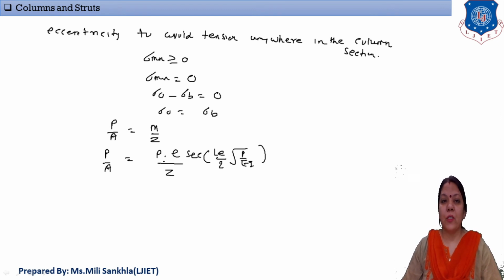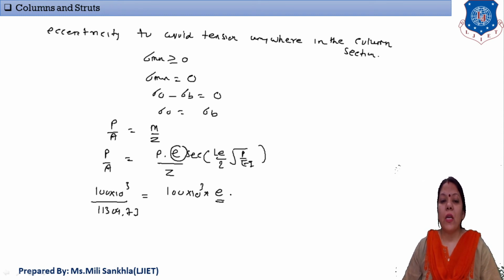Now we have the values, and the unknown value is our eccentricity E. Now one by one, P is equal to 100 into 10 raised to 3, area is equal to 11,309.73, and the load is given as 100 into 10 raised to 3, and this E value is unknown, into sec LE by 2 under root P by EI.